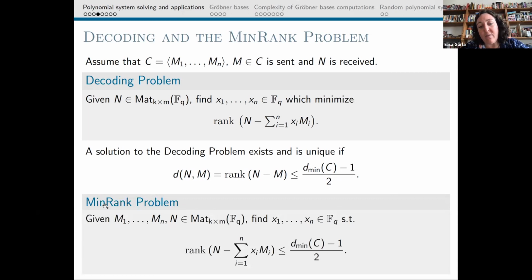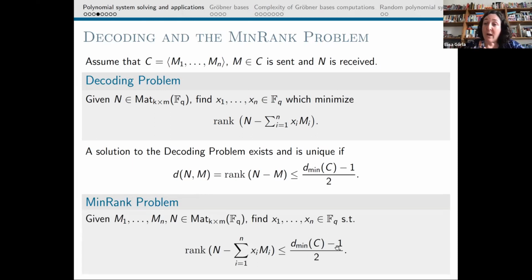So now, once we have this information, we have N, we have the generators of the code, and we want to find the matrix here, sum of Xi Mi, which minimizes the rank of this difference. And so now we know that this is unique if the rank is at most this much. So in practice, we want to solve: rank of N minus this combination of the Mi's at most a number that we know.